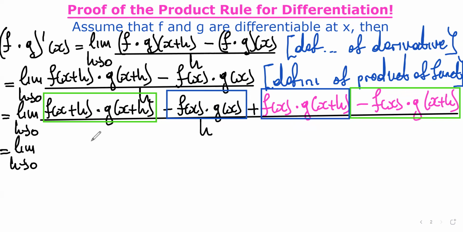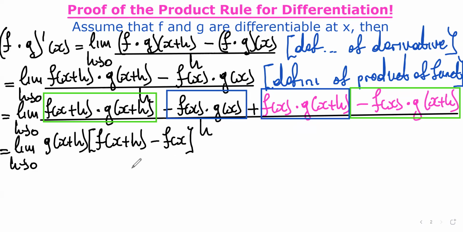So looking at the green ones, we can just go ahead and say, well, we have g of x plus h as the highest common factor. And if we take it out, we are left with f of x plus h minus f of x. Okay. Then we close our bracket. Then we focus on which ones? The blue ones. Looking at the blue ones, we can see that f of x is the highest common factor.